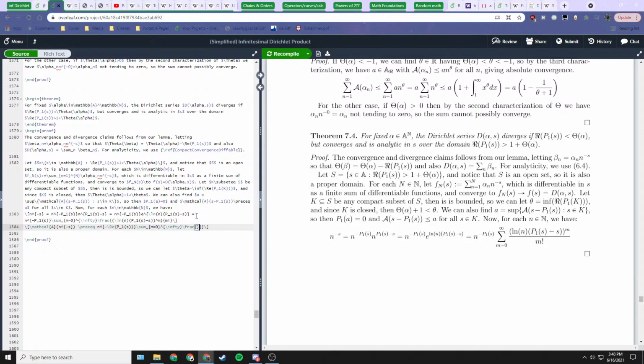Again, we have this fraction over m factorial and something to the power of m. But in here, we have log of n times A of P1 of S minus S.